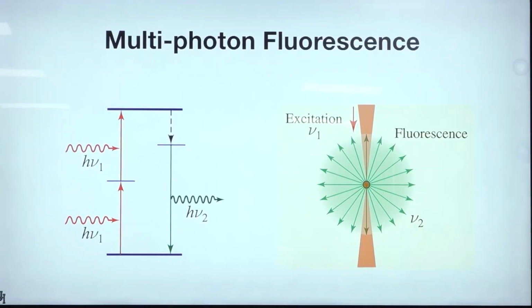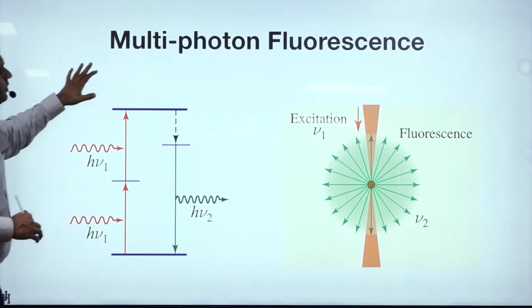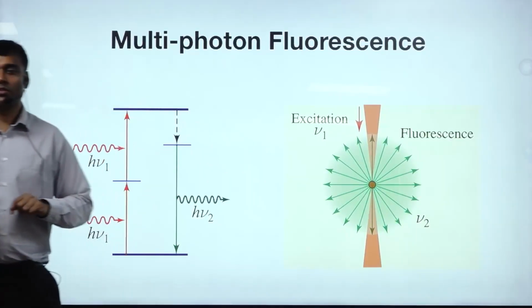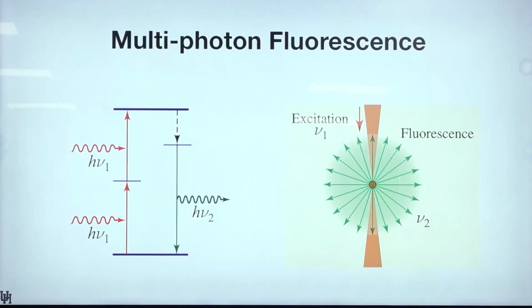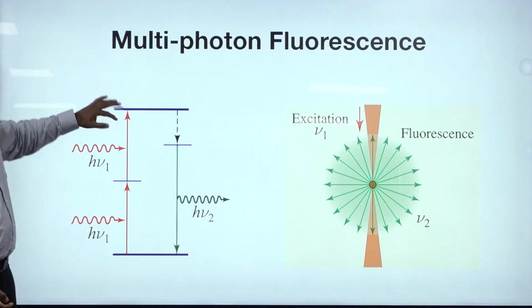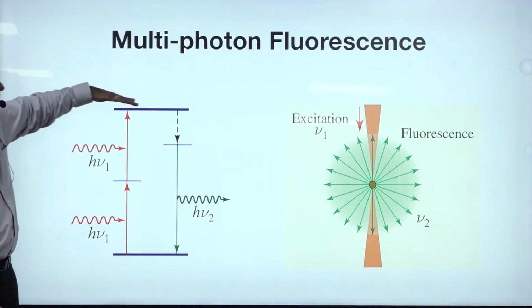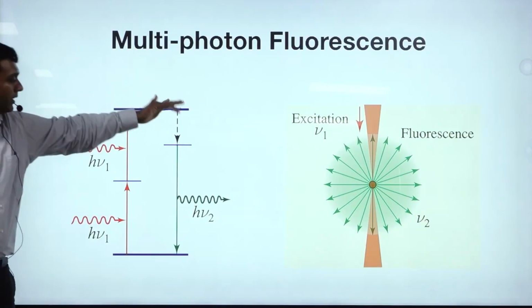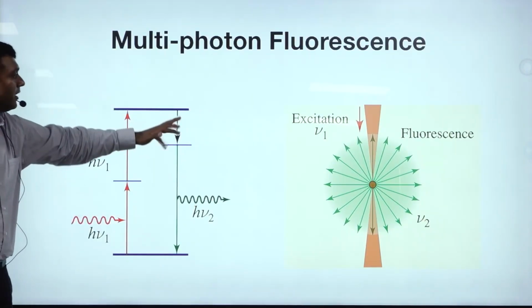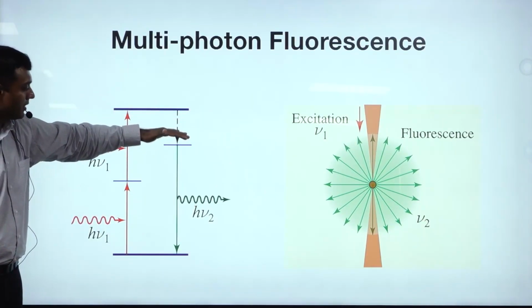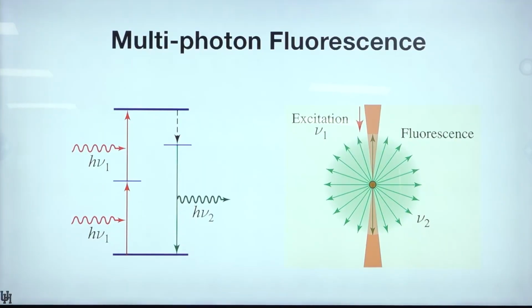The next phenomenon I wanted to mention is what's called multi-photon fluorescence. Typically when I said fluorescence, I was talking about single photon fluorescence, meaning one photon is incident and creates a transition to an energy level, and then some kind of decay happens, and light of a different wavelength is emitted.